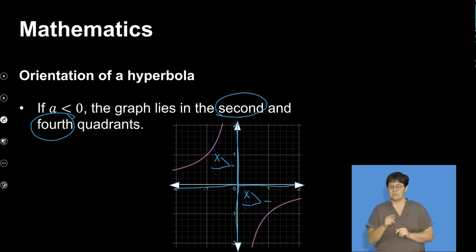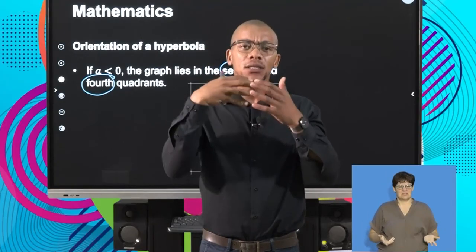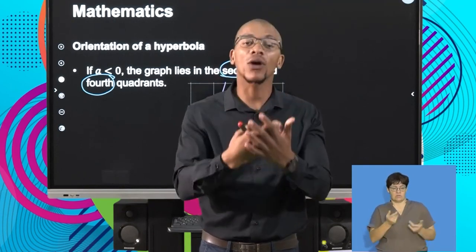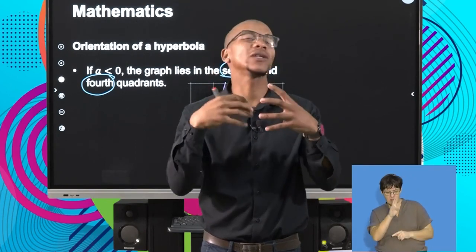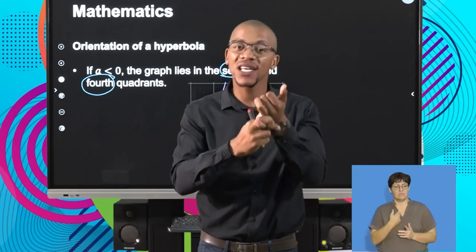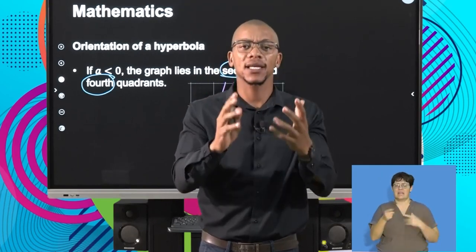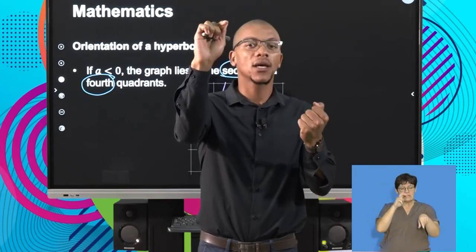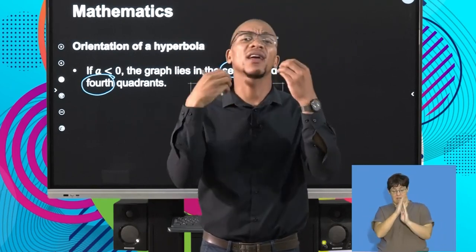Now, someone might ask, why is this important? It is important because when I give you the equation and I want you to sketch a specific graph, you can already have an idea of where it is going to be placed without finding the table of values first, or the intercepts, or anything like that. Already you'll have an idea that my two arms need to be either in the first and the third quadrants if a is positive, or the second and the fourth if a is negative.